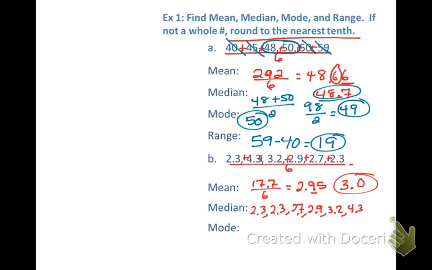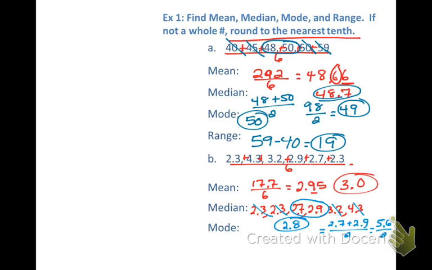And then I'm going to find my middle, here and here. So I'm going to do 2.7 plus 2.9 divided by 2. That would be 5.6 divided by 2, which equals 2.8.